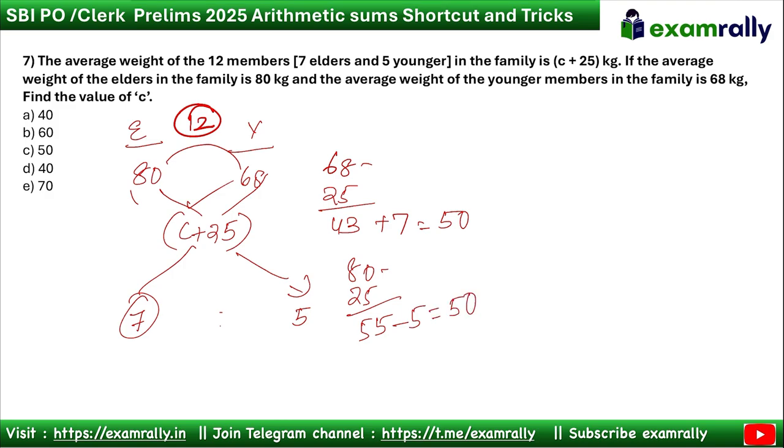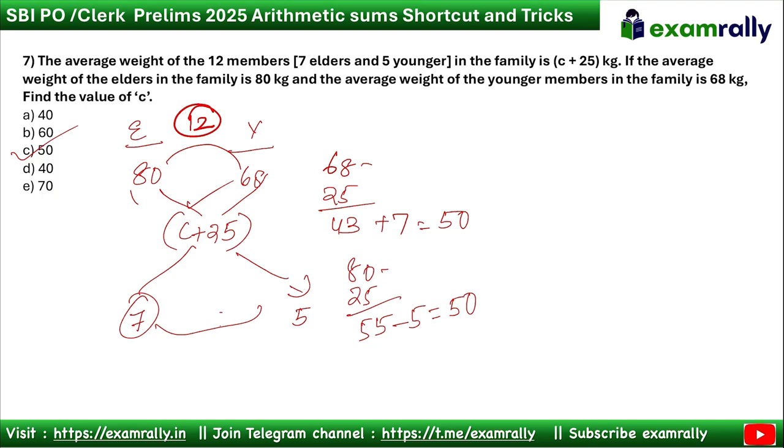We take the difference and distribute it. If there is any common number, we have to make it common and then find the ratio. Here nothing is given, so directly we can take 7 and 5 as the final numbers. Thus the C value equals 50.